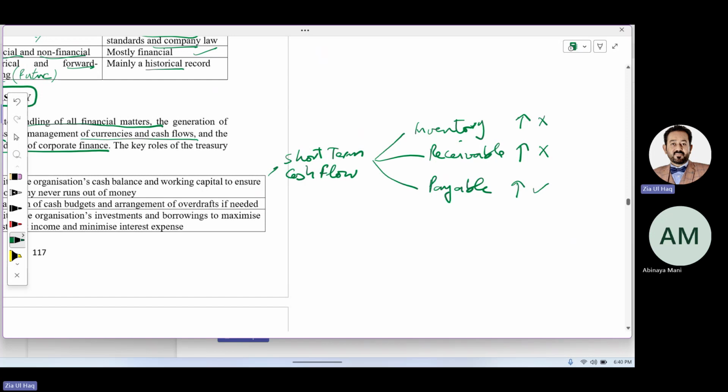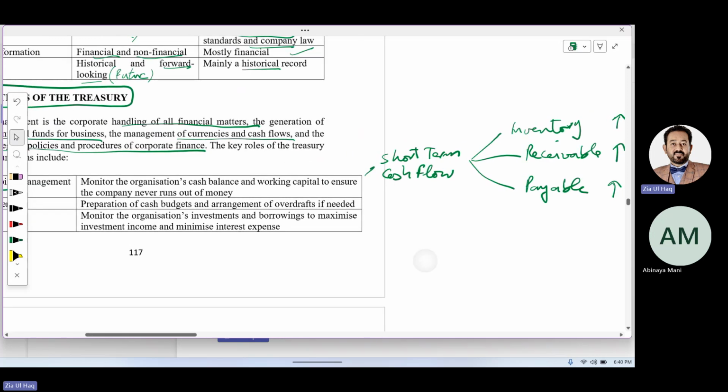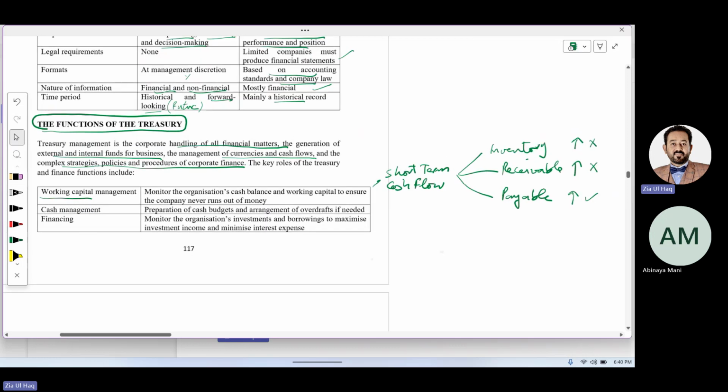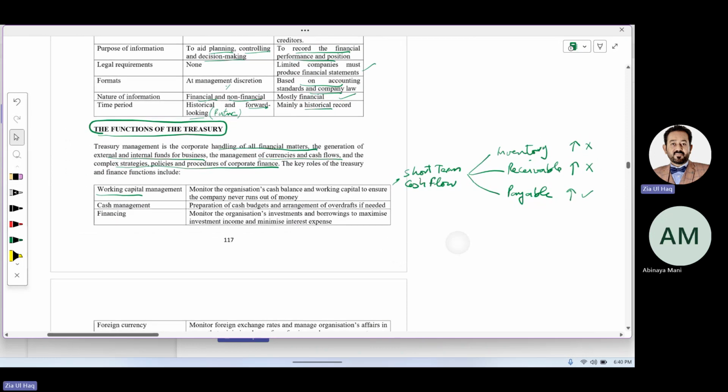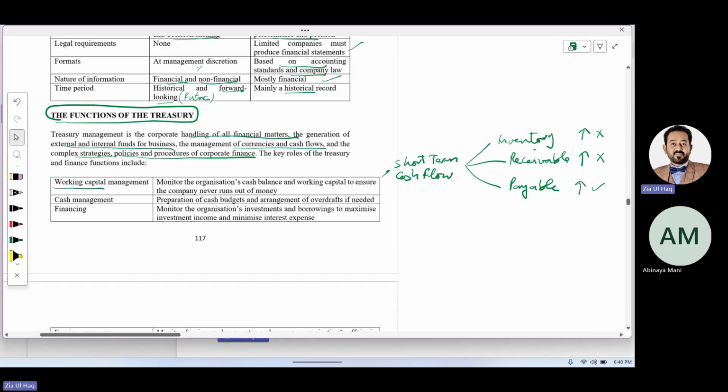Otherwise, supplier will not give you products on credit. So this is called working capital management. In how short-term cash flow will be managed through inventory, receivables, and payables. Business will prepare strategies how to reduce inventory, how to reduce receivables, and how to increase payables.